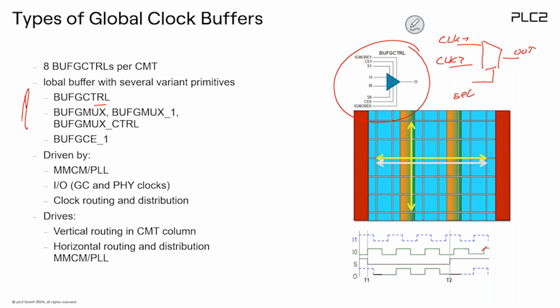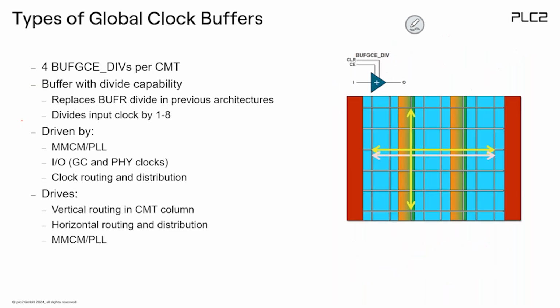Look at the data sheet, at the description of this BUFGCTRL, or in one of my next webinars, I'll talk in more detail about this kind of buffers. Then there is the BUFGCE_DIV. That's very nice. This is a buffer where you can apply a clock input, give the divide parameter, and divide the clock using certain values.